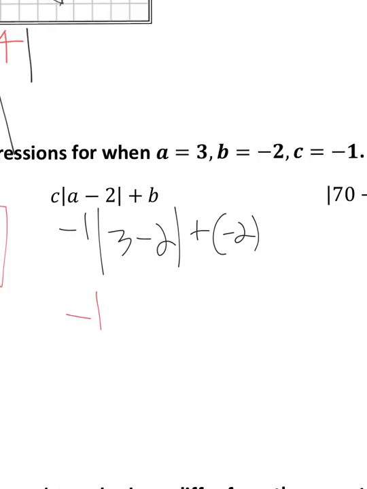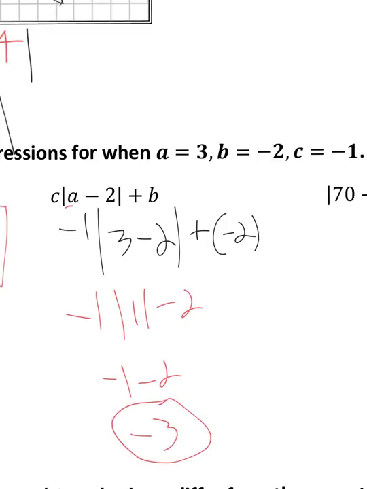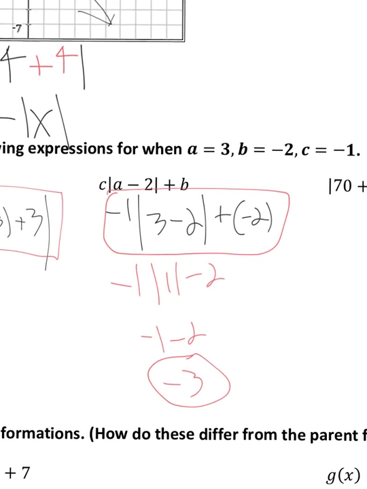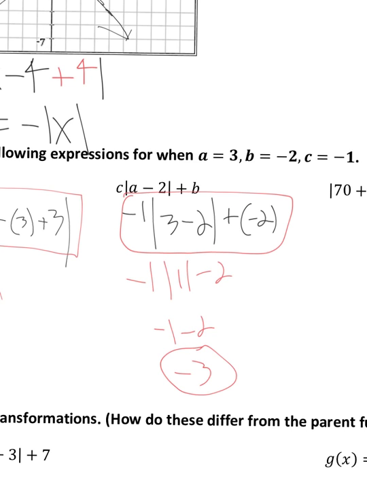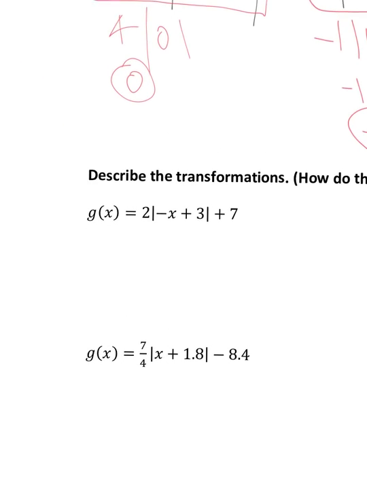This will be negative 1 times the absolute value of 1 minus 2. Negative 1 times the absolute value of 1 is negative 1, minus 2 equals negative 3. So here's my final answer. Again, I'm looking for the setup and the final answer. If you show me the in-between steps, that'd make me happy because that shows you did it by hand. But I don't blame you if you're going to use a calculator on this one.